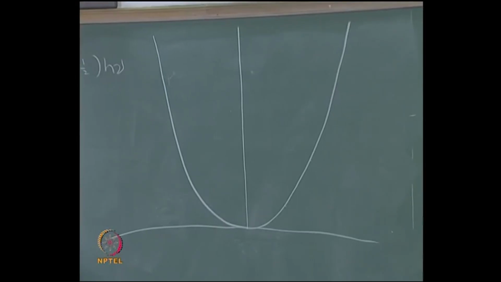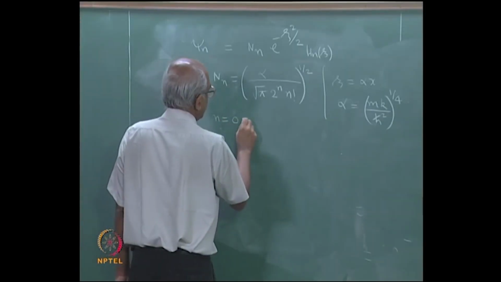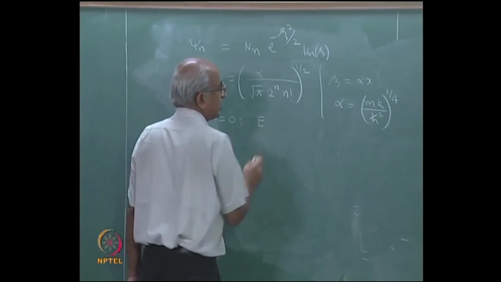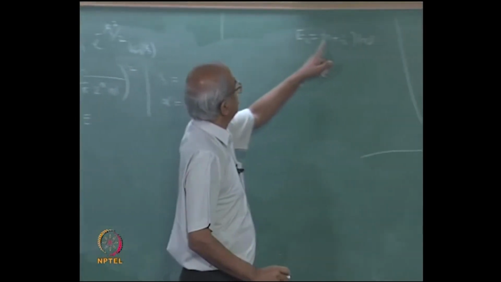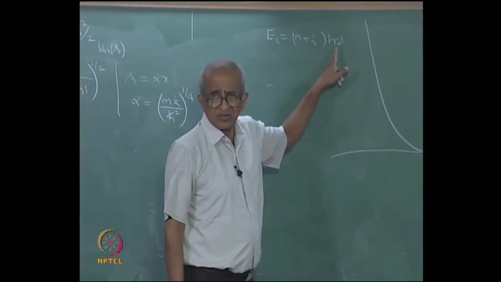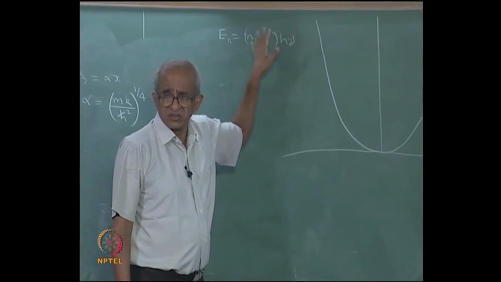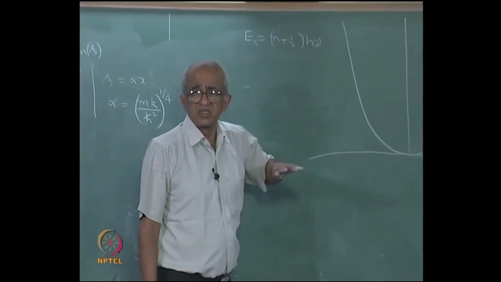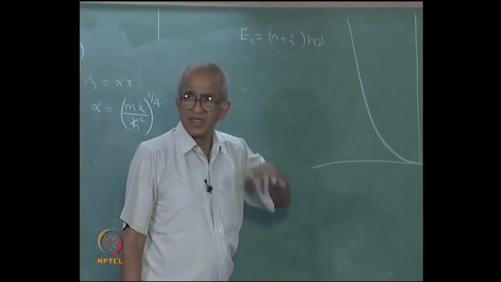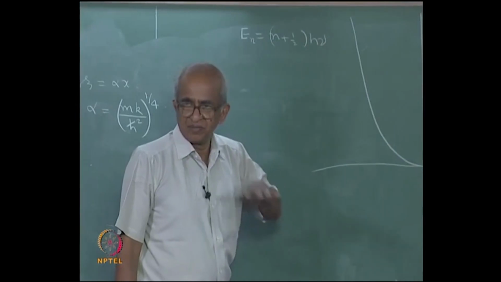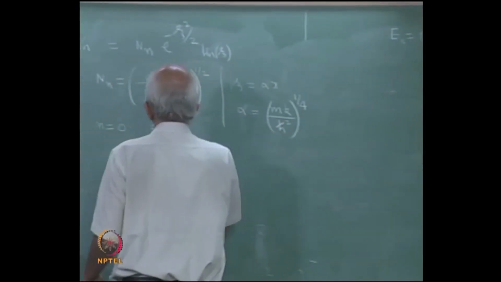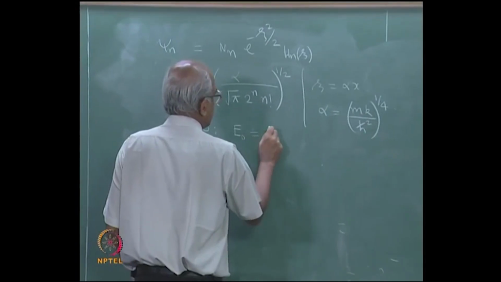Let us look at the situation where n is equal to 0. What will happen? The energy will have the lowest value, because energy is of the form E n is equal to n plus half h nu. N can take on the values 0, 1, 2, 3, 4, etc. So, n equal to 0 is the lowest possible state. We always say that is the ground state of the system. So, the energy will be E 0 and it will be equal to half h nu.